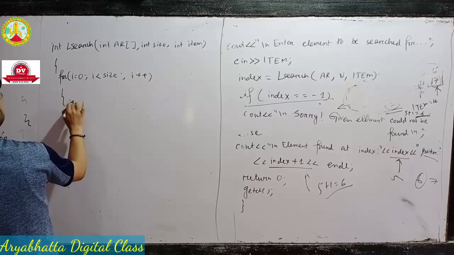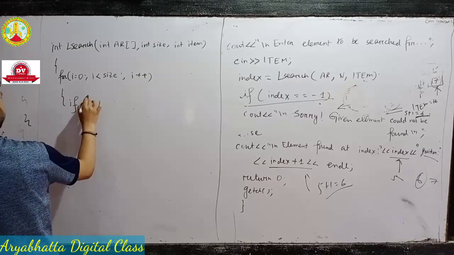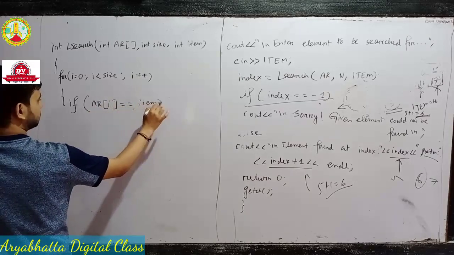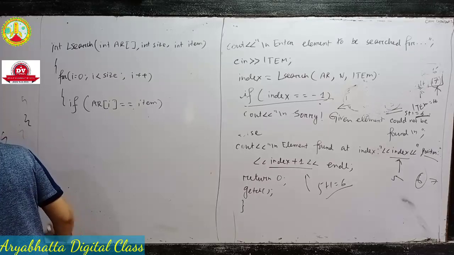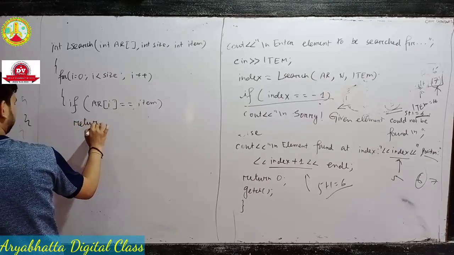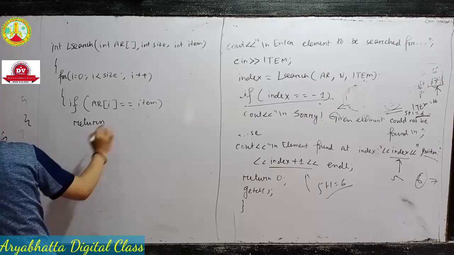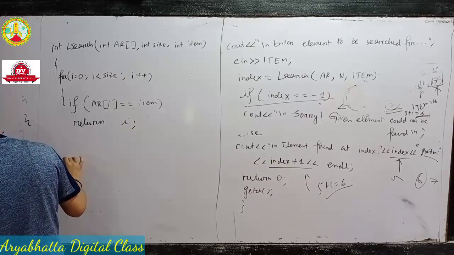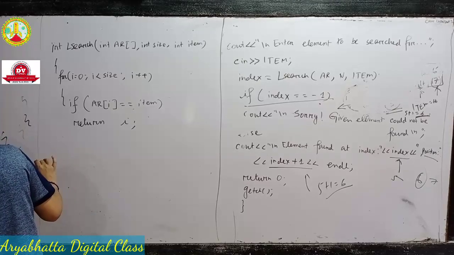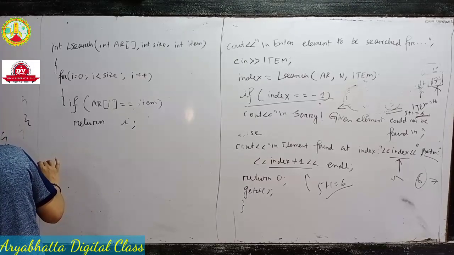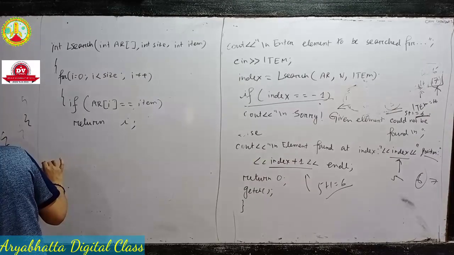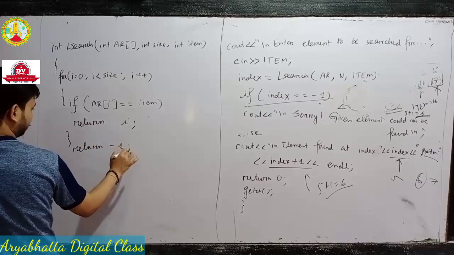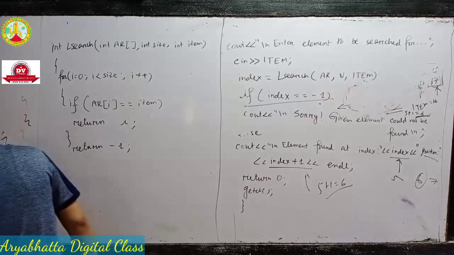Right, this is C. If item equals the element, return i, meaning the index, and otherwise return -1, meaning unsuccessful.